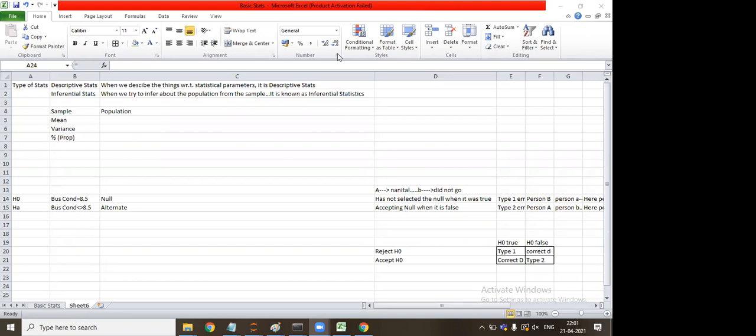But after how many days will I say that the average of my Swift Desire car will start following a normal distribution? So I've just reframed my question. Is my question clear to you? Yes, it's clear. From a layman, I'm coming to statistics.